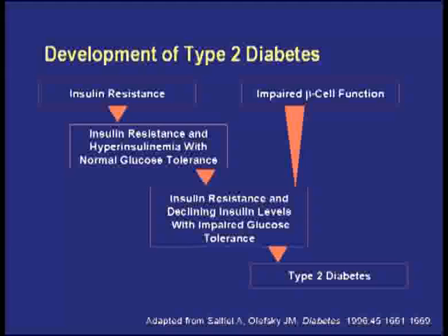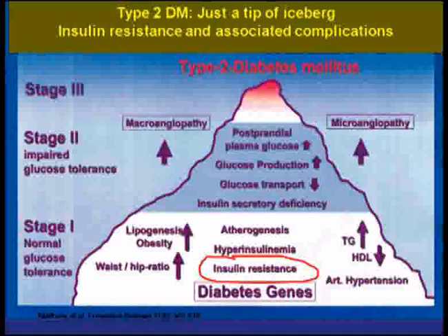There is a very interesting part: when insulin resistance is there and hyperinsulinemia compensates for it, there is a normal glucose tolerance test. The moment there is a decline in insulin secretion because of beta cell failure, diabetes mellitus follows the impaired glucose tolerance, and hence there is a precipitation of hyperglycemia.